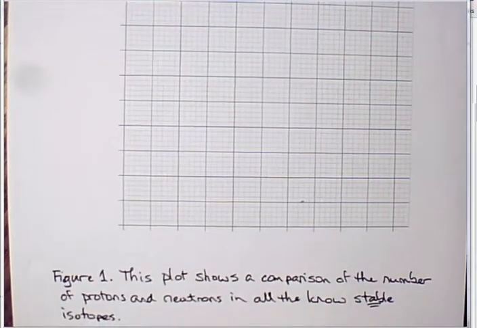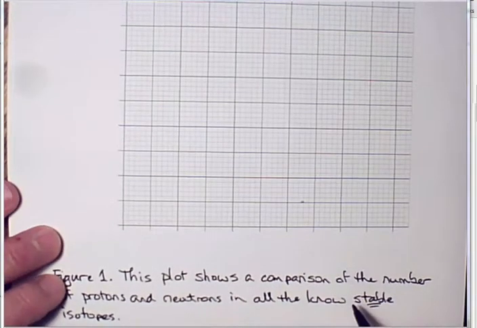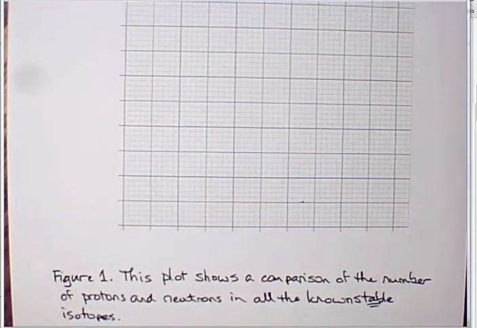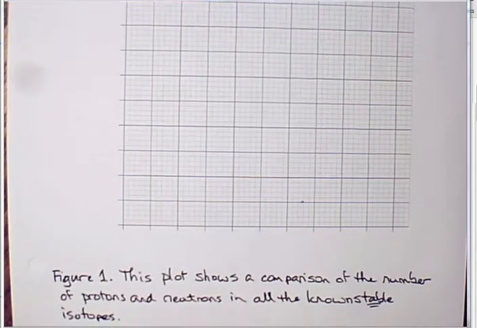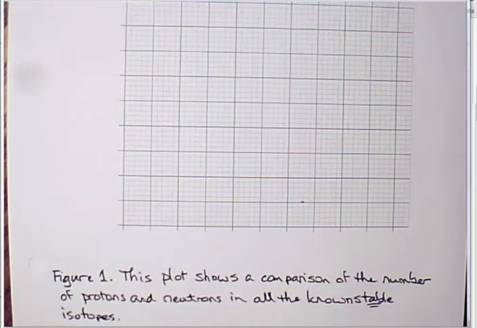Okay, so this plot shows a comparison of the number of protons and neutrons in all the known, it should be known N right here, known stable isotopes, okay? So, isotopes, remember, are two forms of the same element differing in the number of neutrons in the nucleus.